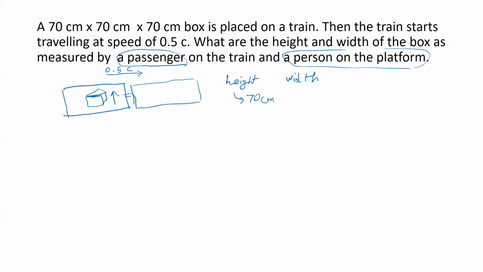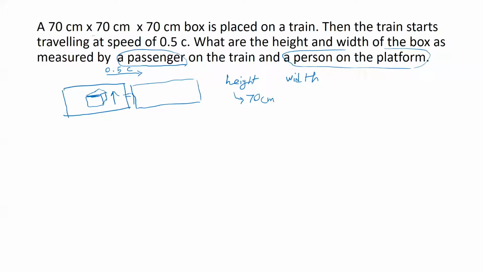Okay, so right now let's talk about width as can be seen by the passenger and also as can be seen by the person on the platform. But as the box and the passenger are in the same frame of reference, there is no relative motion between them.